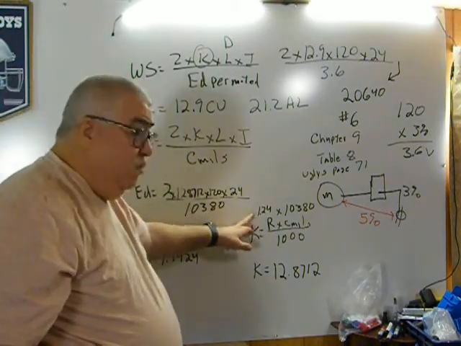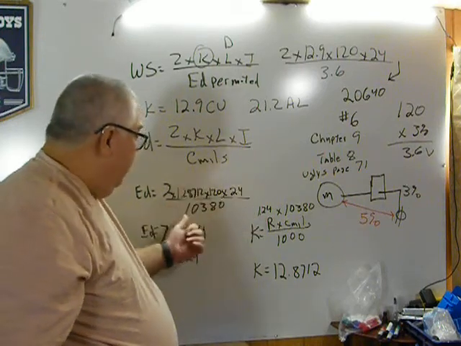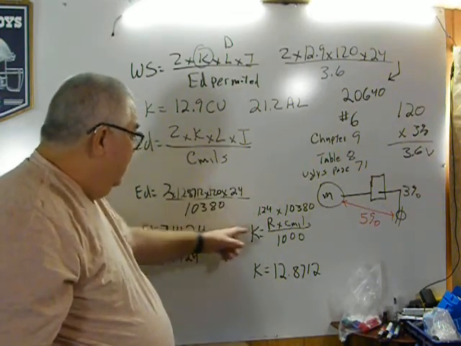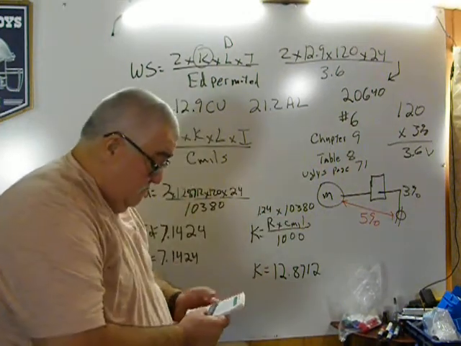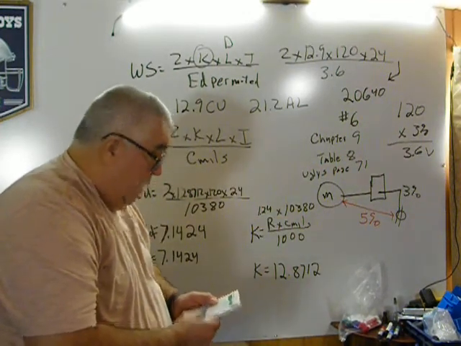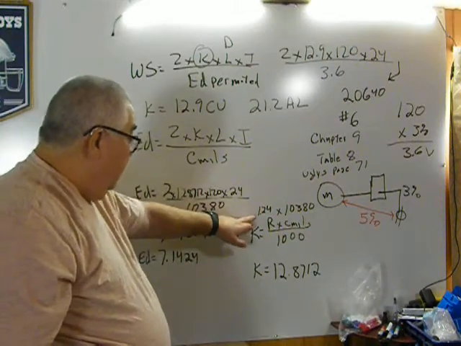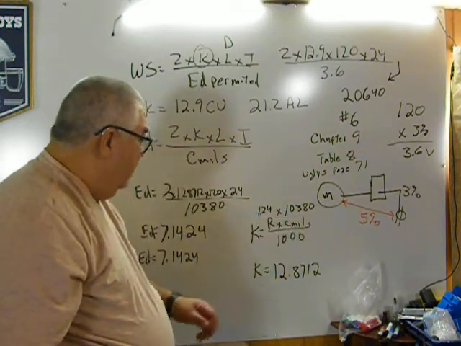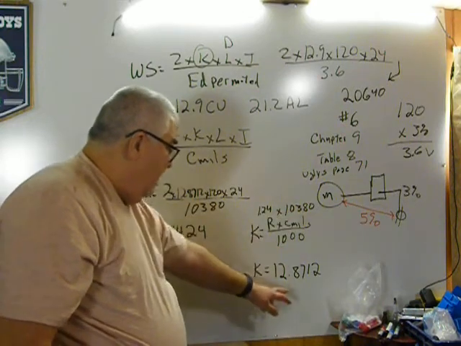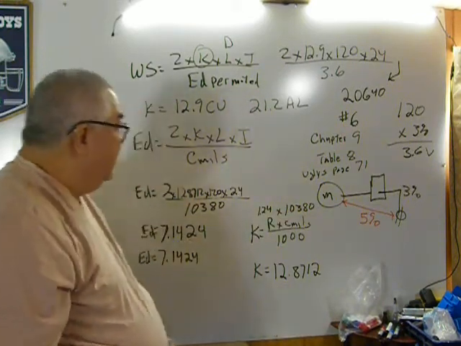So all you have to do is find the resistance of the wire. For number 10 stranded, it's 1.24. The circular mills of the wire is 10,380. I multiplied and divided by 1,000, and I got the 12.87.